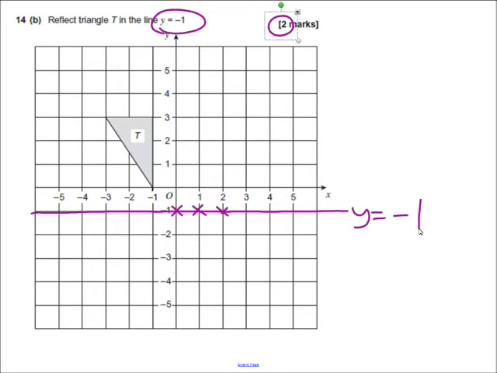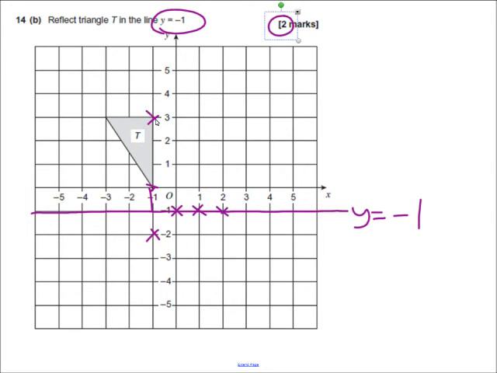Okay? So try and remember where y equals a value, it's a horizontal line across your grid through that value. And in this instance, it's the number minus 1. Now we need to reflect our triangle. So you can either use the tracing paper method we used before, or use the method where you take each of the points. So this point ends up here.